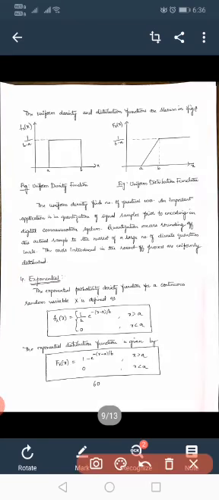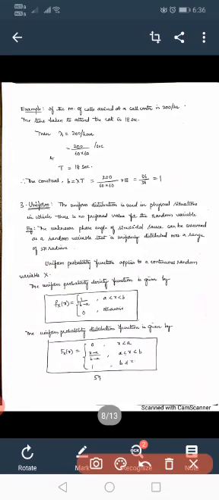Next, these are the distribution and density function curves for the uniform case. The uniform density function curve has amplitude 1 by b minus a, and it lies in the interval a to b. This is the uniform density function: the x value lies in the interval a to b, and its amplitude is 1 by b minus a.